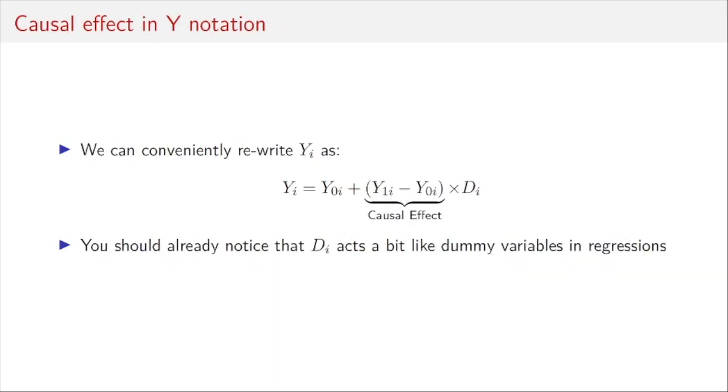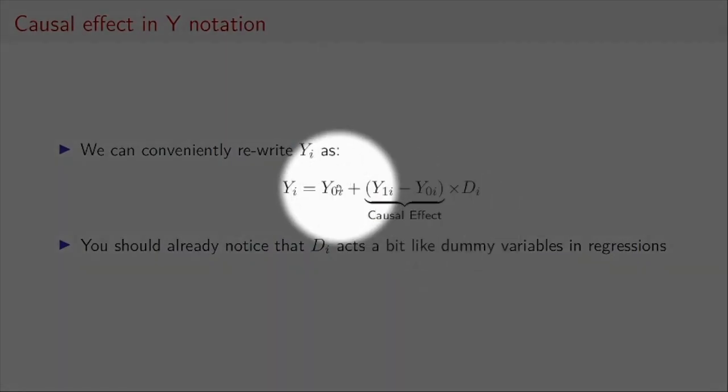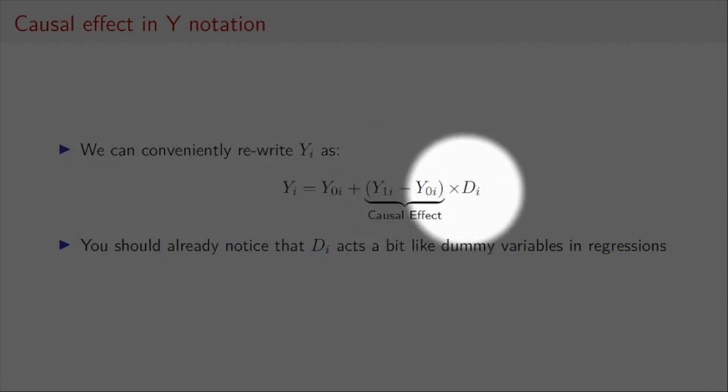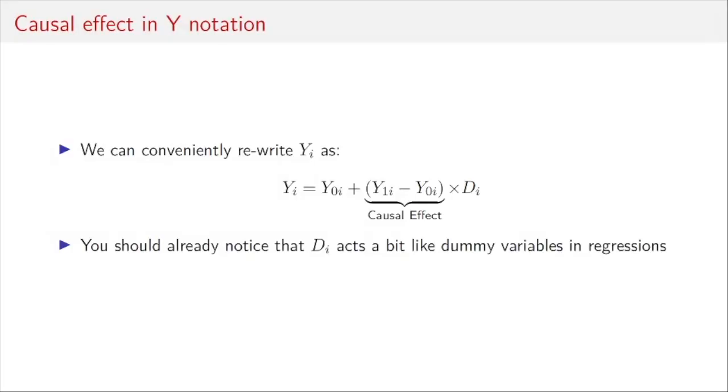We can conveniently rewrite this y_i as y_i equals y_0i plus (y_1i minus y_0i) times d_i. If you replace d_i by its value, you can see that when d_i equals 1, then y_i is equal to y_1i, and when d_i equals 0, y_i equals y_0i. You should already notice that this d_i acts like a dummy variable in the regressions we usually run.